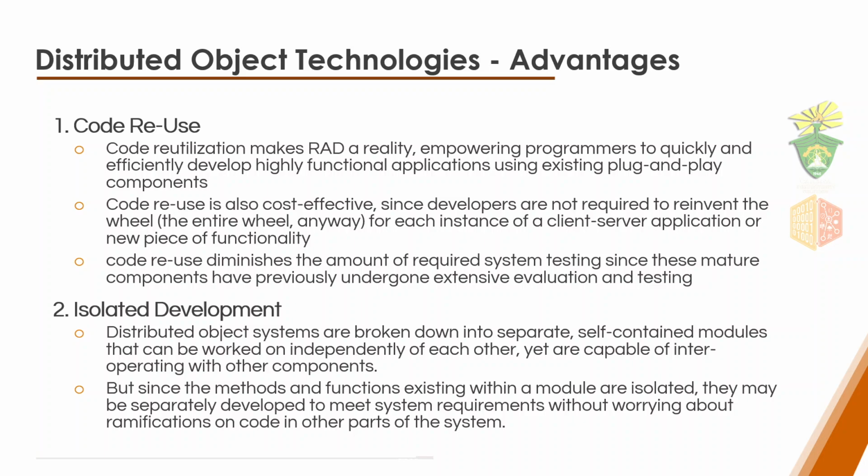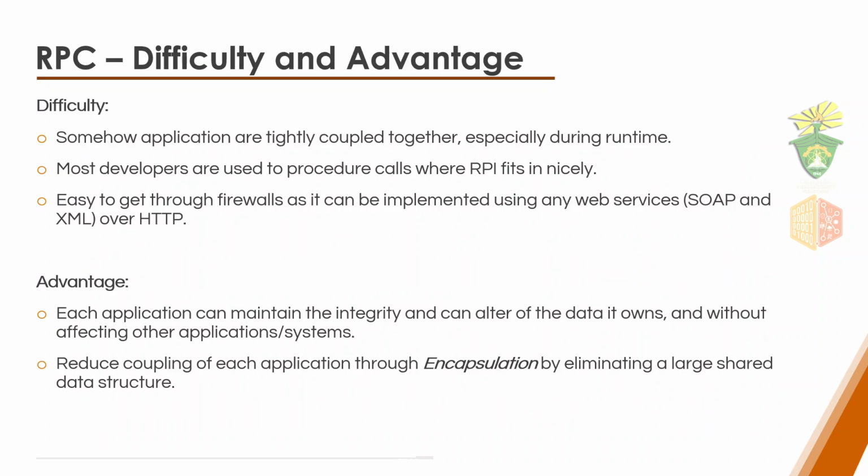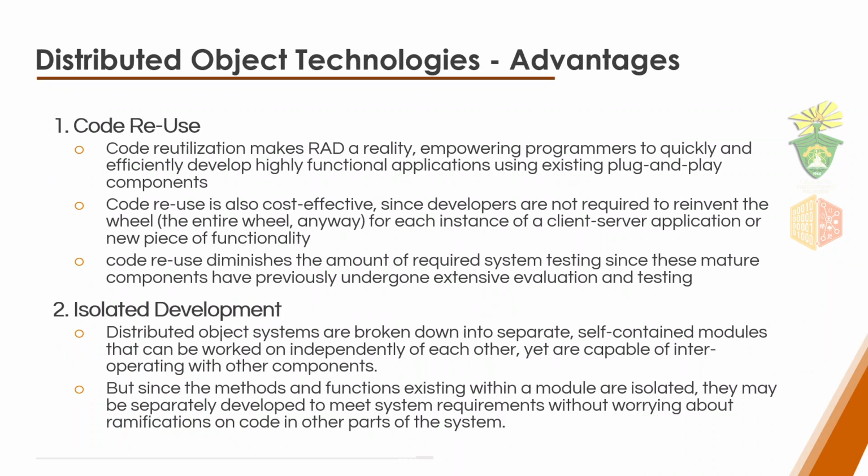So we've mentioned already about RMI. Now let's talk about distributed object technology. We now have the idea that in order for resources like fields and functions to be populated in another domain or another system, it needs a technology.